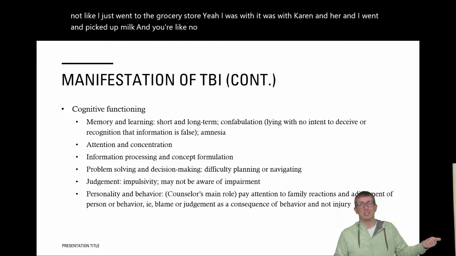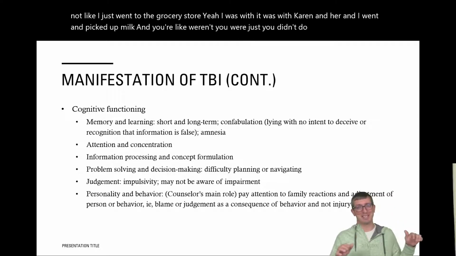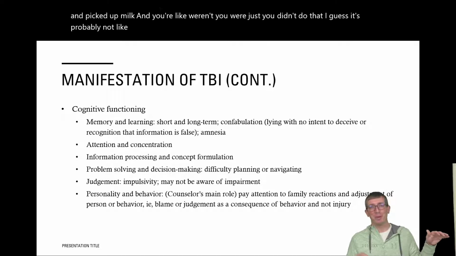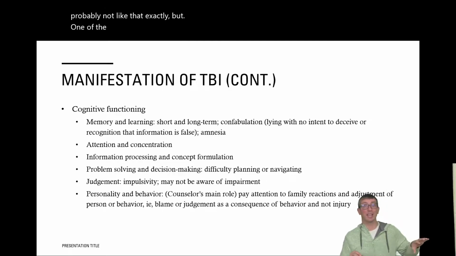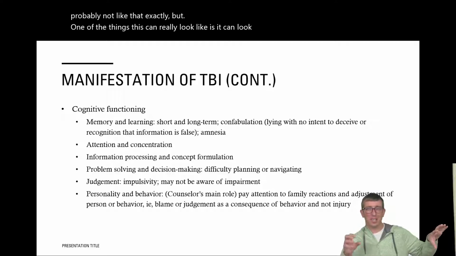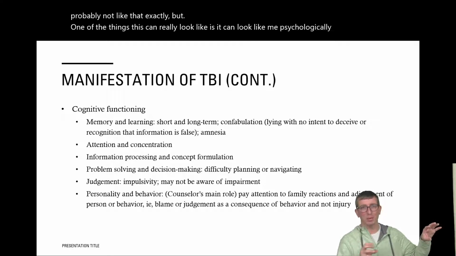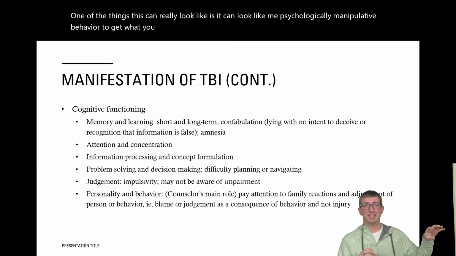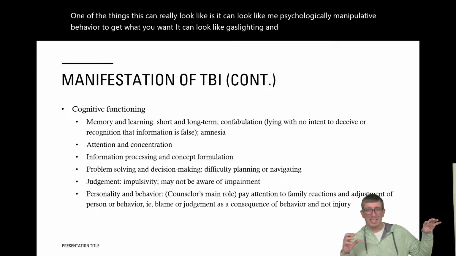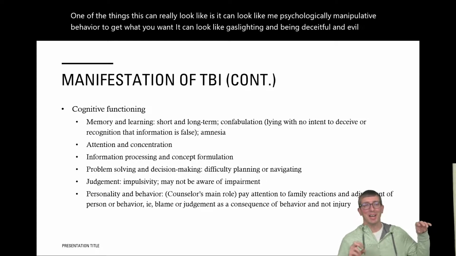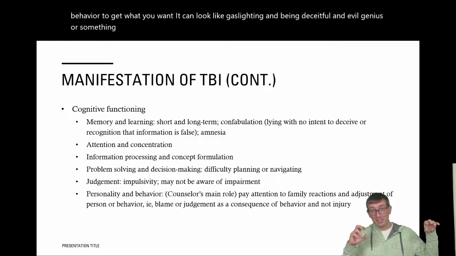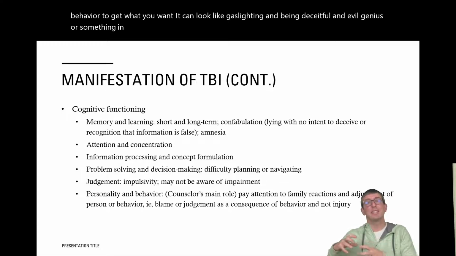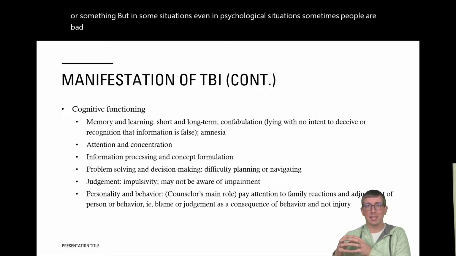You didn't do that. I mean, it's probably not like that exactly, but one of the things this can really look like is psychologically manipulative behavior to get what you want. It can look like gaslighting and being deceitful and an evil genius or something. But in some situations, even in psychological situations, sometimes people are bad people and they're doing bad things to get their way.